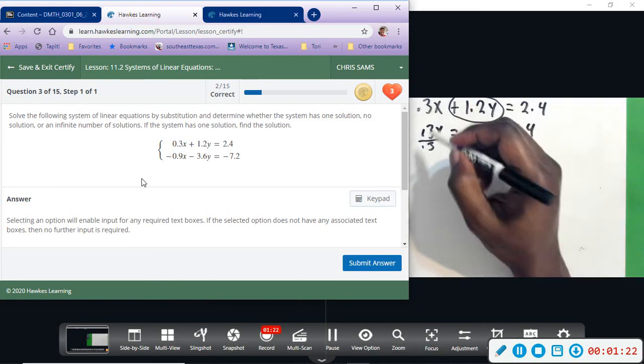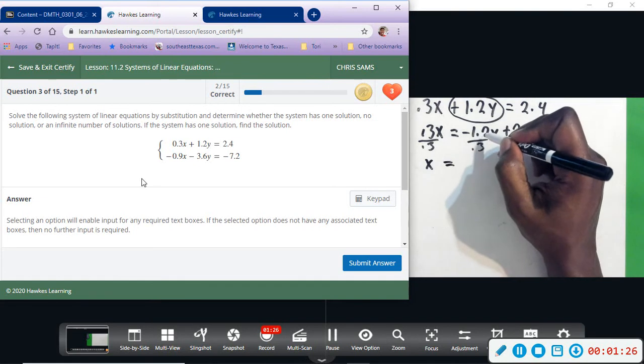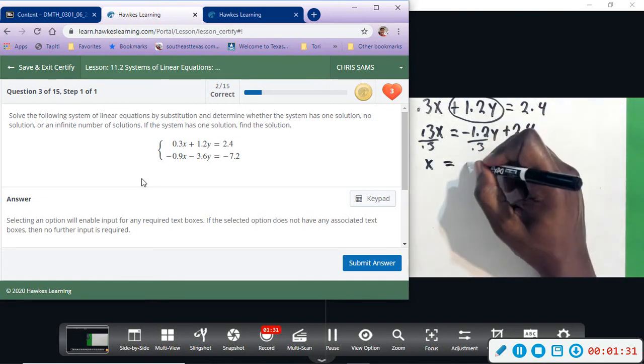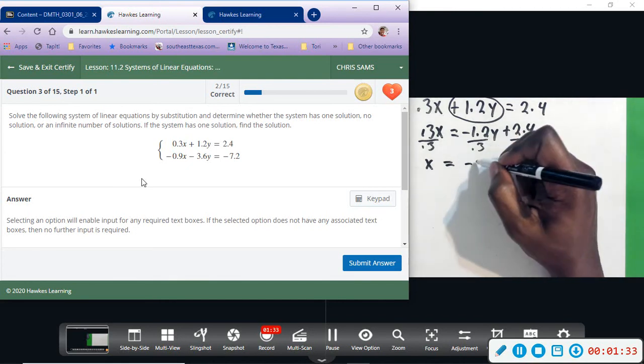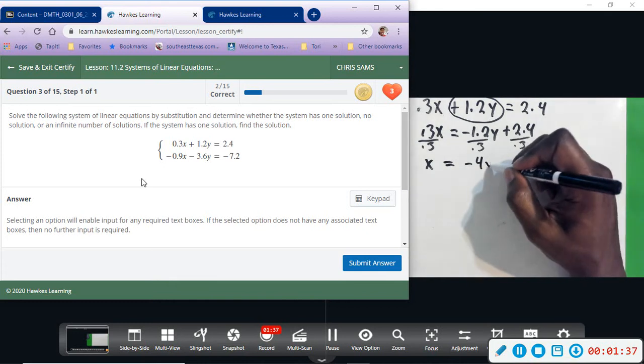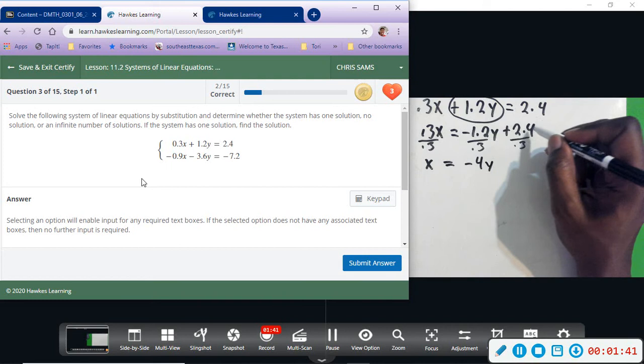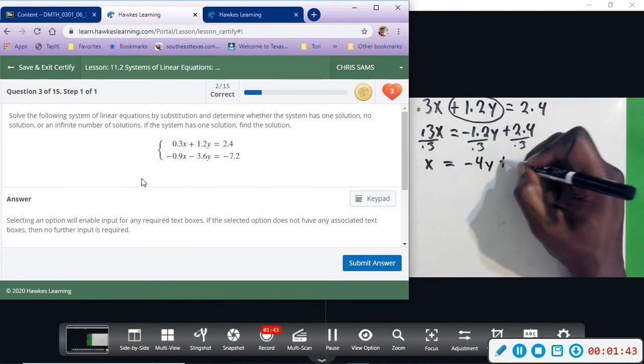Okay, divide by 0.3, that leaves me with x equals, divide by 0.3, it gives us a negative 4, maybe 0.4. I'll check it in just a moment. And then basically I'm thinking 24 divided by 3 is going to leave me with 8.